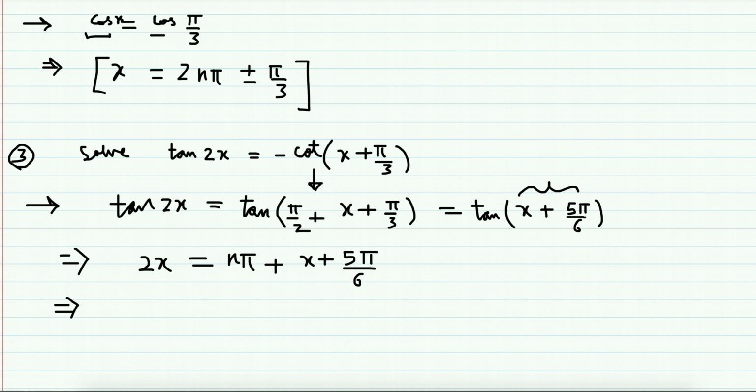So x comes to the left hand side, and it becomes 2x minus x is equal to x, and the right hand side is n pi plus 5 pi by 6.